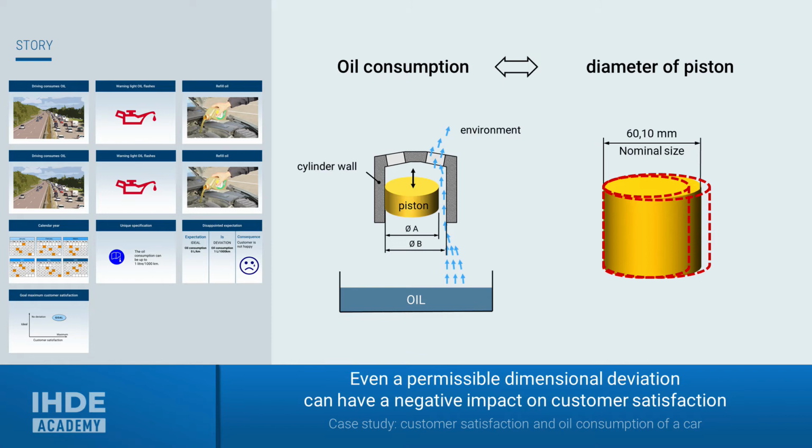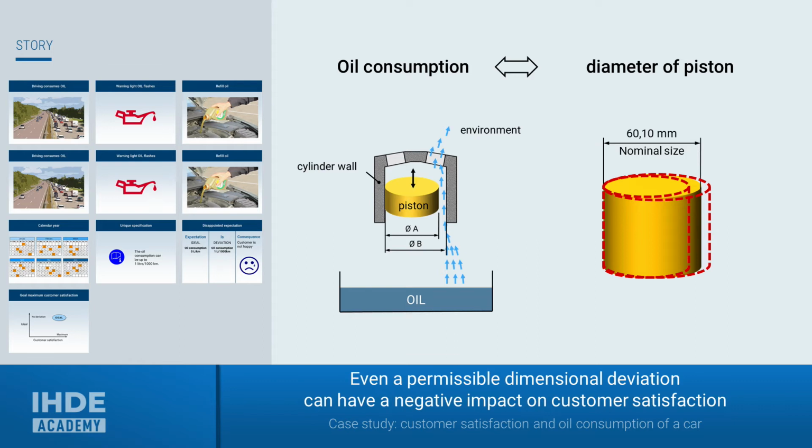If you now carry out a cause analysis as to why the engine consumes so much oil, then in this very simplified example, you come to the gap between the piston and the cylinder wall, through which oil can ultimately escape into the environment. And the smaller the diameter of the piston, the larger the gap.